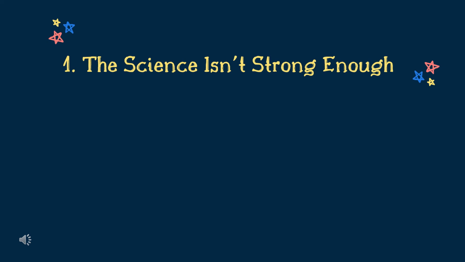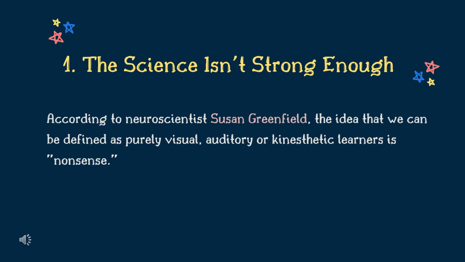We may express our preferences about how we learn, but they are not necessarily an accurate reflection of how our brains work. According to neuroscientist Susan Greenfield, the idea that we can be defined as purely visual, auditory, or kinesthetic learners is nonsense.